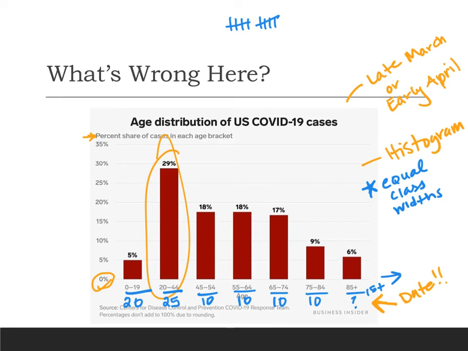I want you to walk away with enough of an understanding of how graphs are made and how graphs should be made that you can look at this graph and not freak out and say, oh my gosh, 20 to 44, it's awful. Well, yes, but that's the largest group. And so, of course, there's going to be more there.